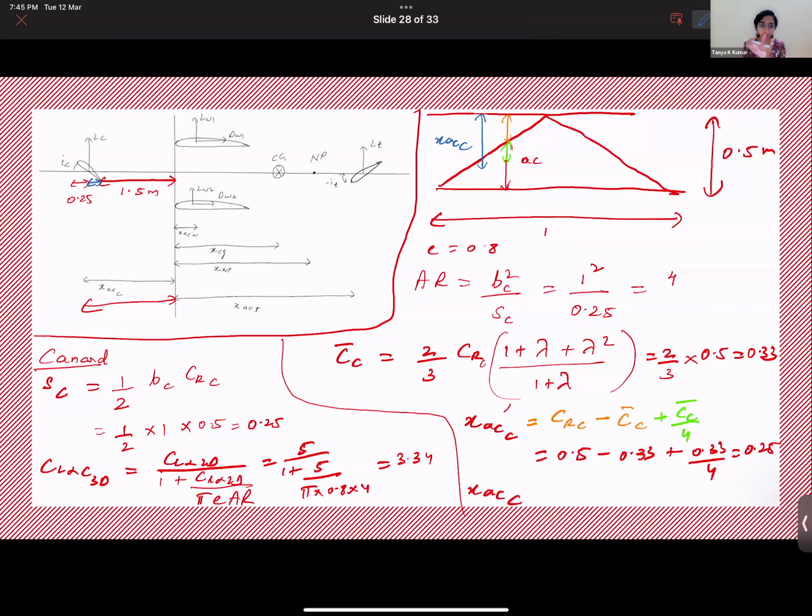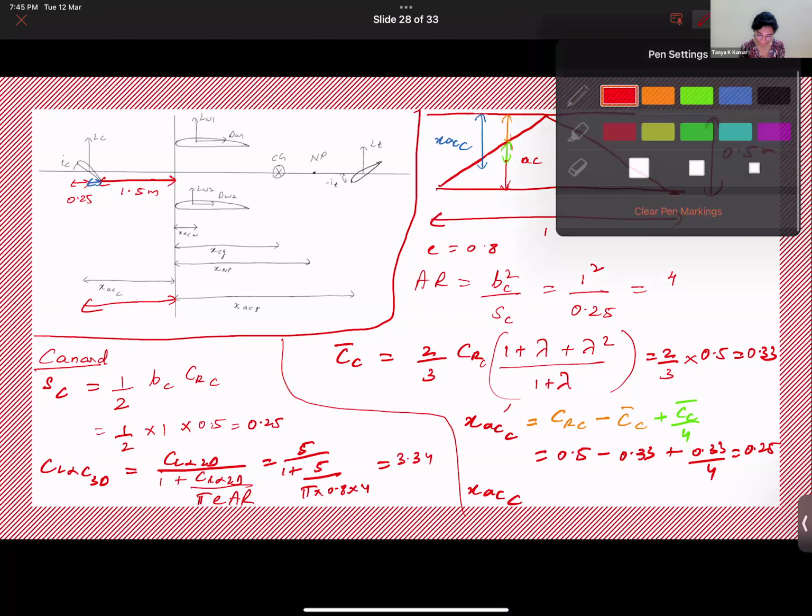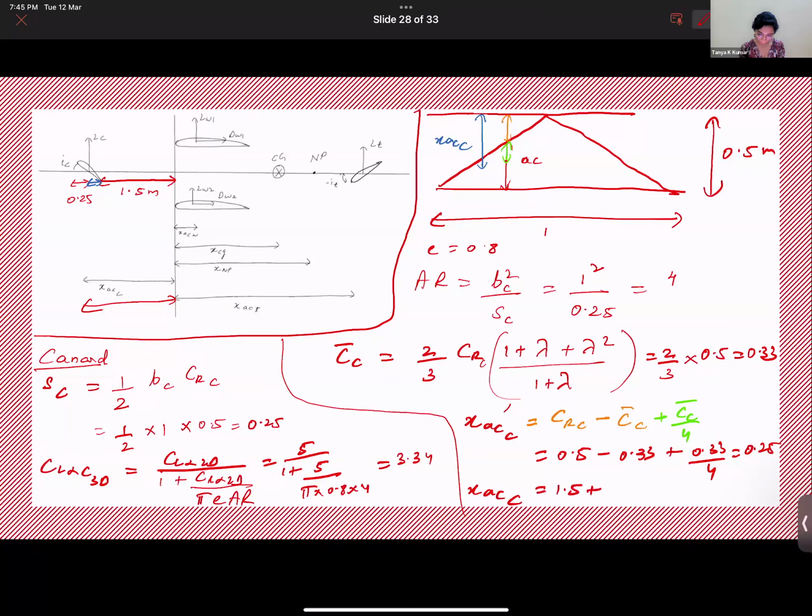So it's 1.5 plus the blue distance. What is the distance in blue? It's just the root chord minus this value, right? So it's just 0.5 minus 0.25. Let's take a minute to process this. The distance in blue is just the root chord CRC minus 0.25. Yes?